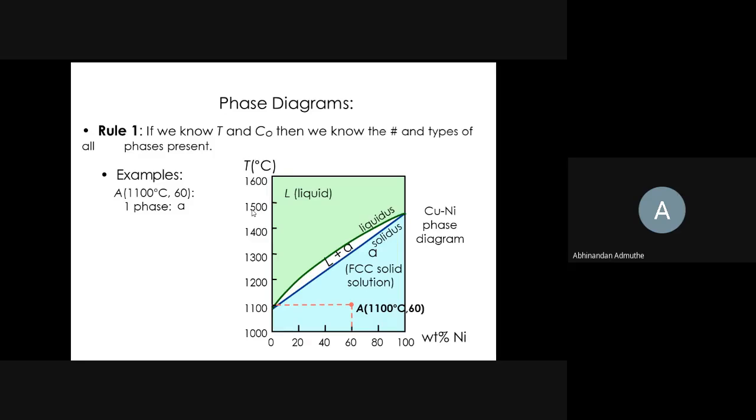This is a copper nickel system. You can see two vertical axes: this is 100% copper, this is 100% nickel. The percentage of nickel increases from left to right, and this is the temperature axis. So at point A, the temperature is 1100 degrees centigrade and the composition is 60 weight percent nickel.